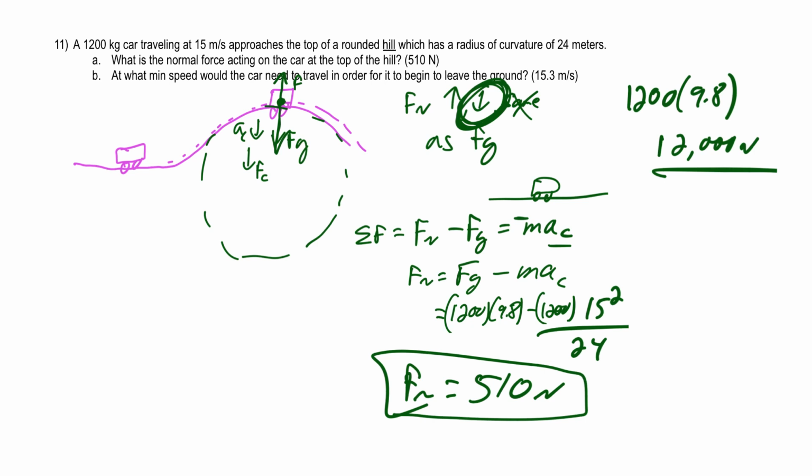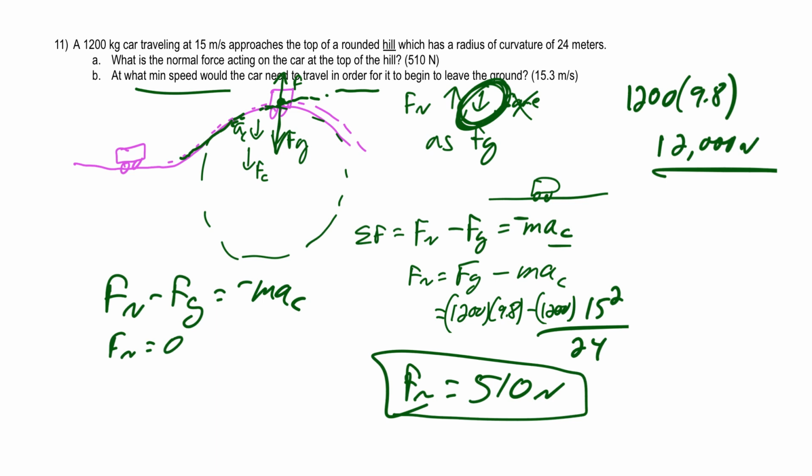All right, the next and final question is, what's the minimum speed so that it just starts to leave the ground? So hopefully you can see, we're going to use this same derived equation here. So Fn minus Fg equals negative MAC. Hopefully you can see, the faster and faster we go, once we leave the surface, that means the normal force is 0, right?